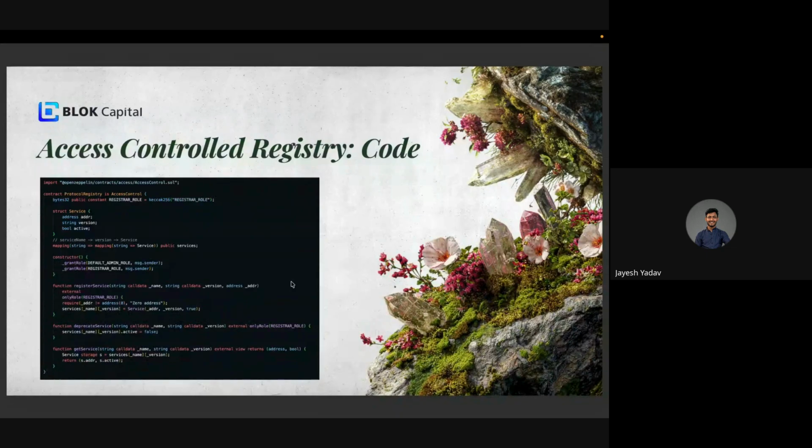So whoever is deploying this registry has access to the registrar role as well as the default admin role. And to register any service, it has the onlyRole registrar modifier. So only the registrar can register any service.